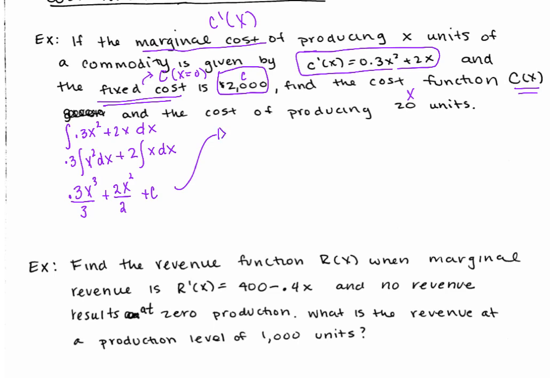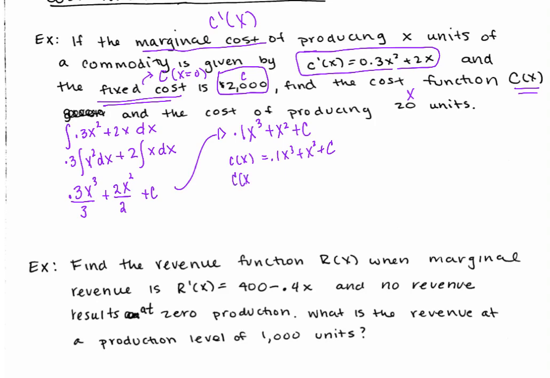So 0.3 divided by 3 is going to be 0.1 x cubed plus x squared plus c. So right now our cost function looks like this. But we need to solve the initial condition. But remember, the fixed cost, that means the initial cost, is 2,000.